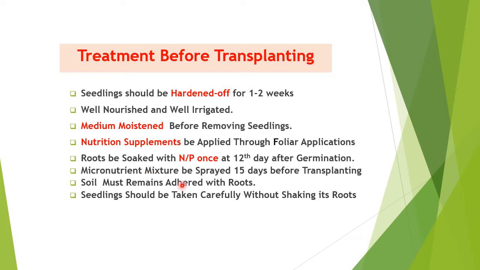Soil must remain adhered with roots, and seedlings should be taken carefully without shaking its roots. These are some of the precautions and the treatments before transplanting. That you will have to see its nourishment. You have to see that roots are not disturbed, and you have to see that the supplements are given to it and it's well nourished and well irrigated.